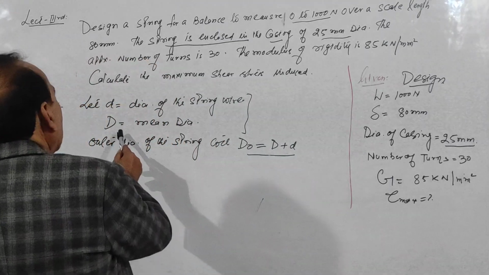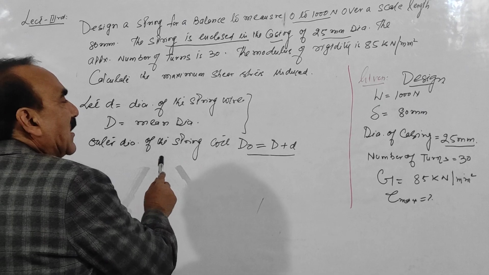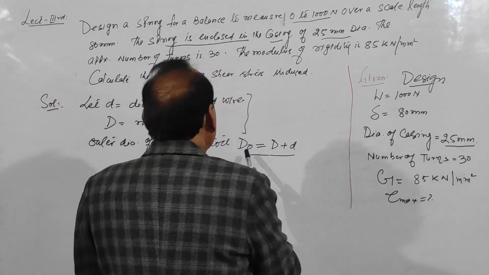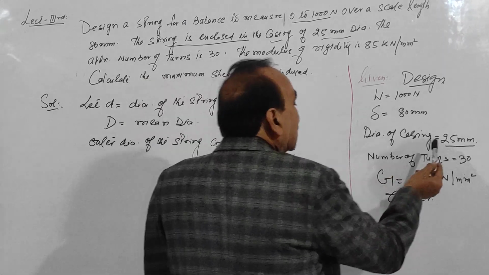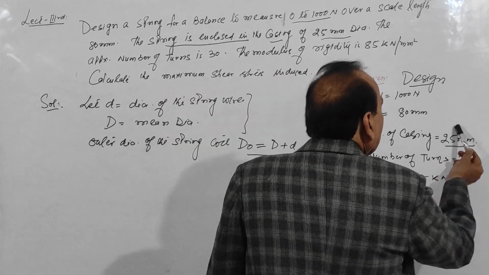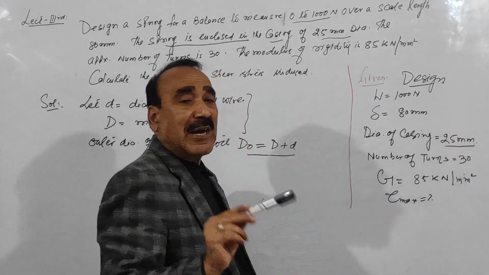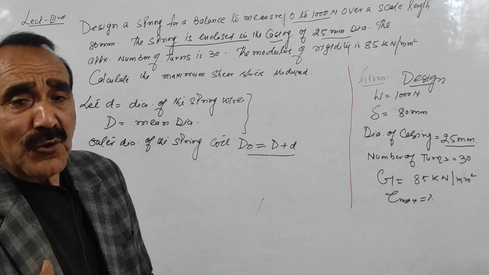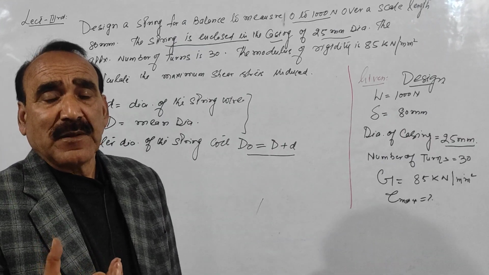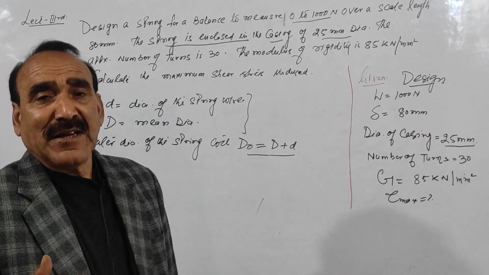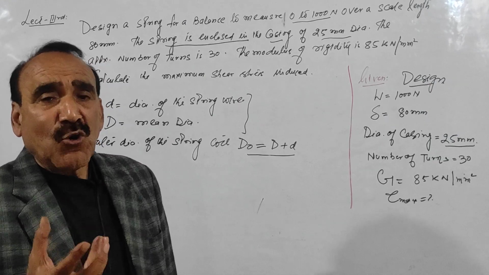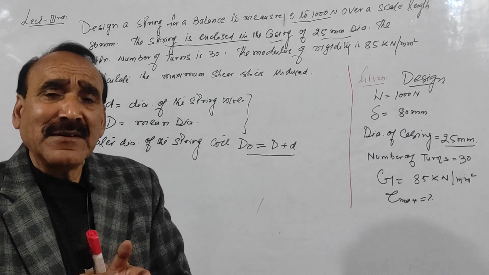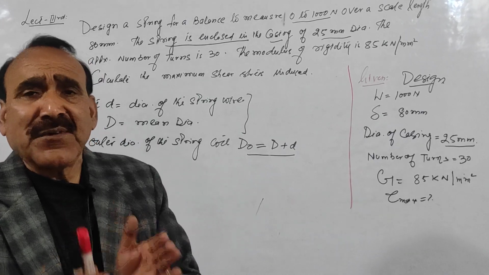ये हमें किस लिए निकालना है, because we have to calculate the outer diameter of the spring coil and we have to check whether this spring coil diameter which we will calculate from here should be less than the 25 mm. जी आपको अंडरस्टैंड हुआ, you understand this, क्यों, क्योंकि हमने स्प्रिंग को एक केसिंग के बीच में रखा है, तो और केसिंग का जो डायमीटर है this is 25 mm, so only you can keep the thing in the casing when it is having the diameter less than 25 mm.